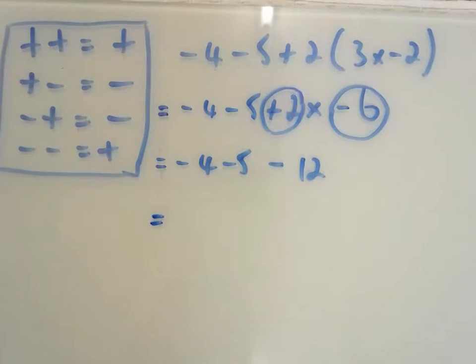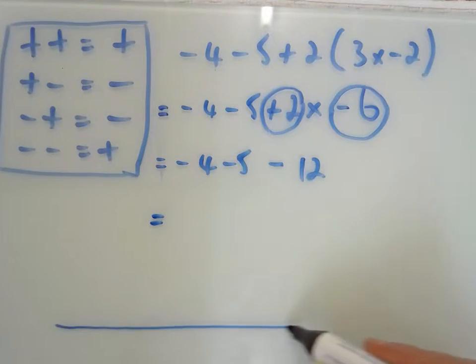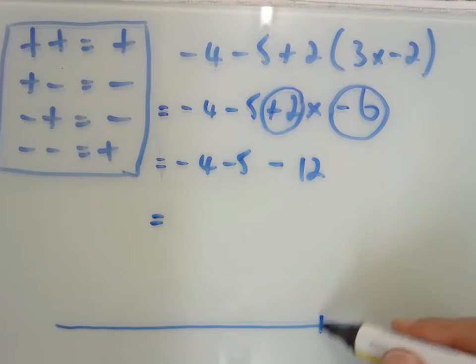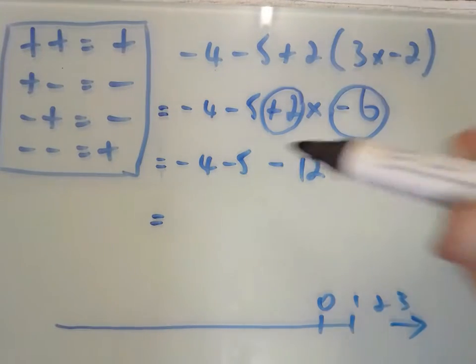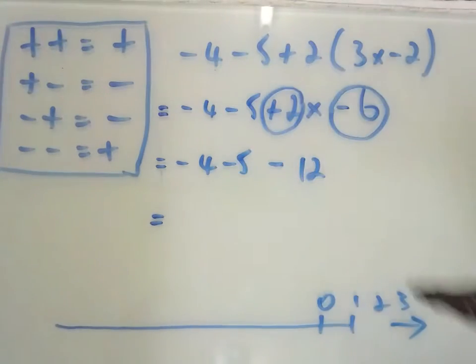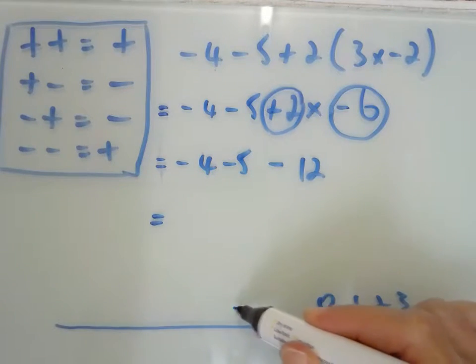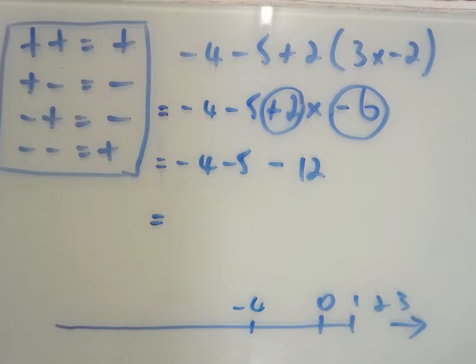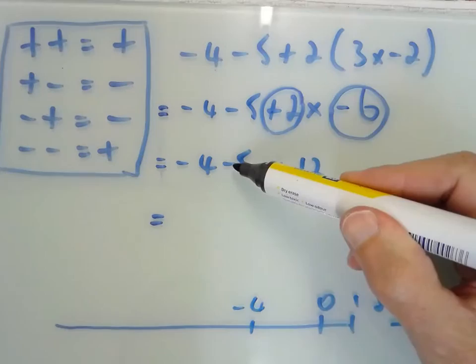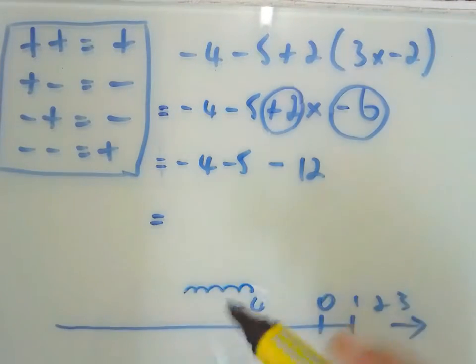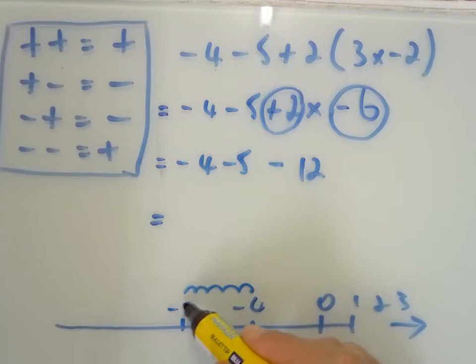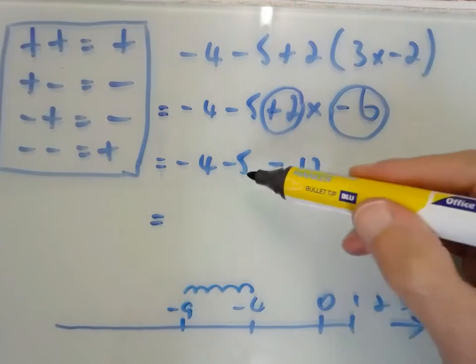We're loving this. So technically, if you wanted to think about it this way, you can draw your line. Here's 0, 1, 2, 3, all going that way. We're going to start at negative 4. So let's just jump straight to it. Negative 4 is about there somewhere, isn't it? We're going to subtract 5, so we've got to go that way, 5, and we're going to get to negative 9.